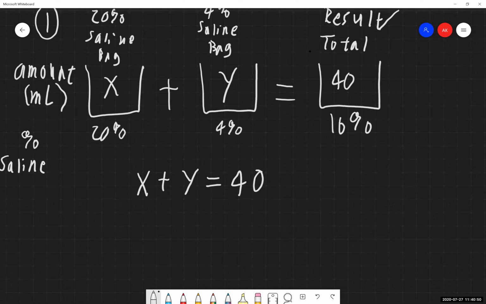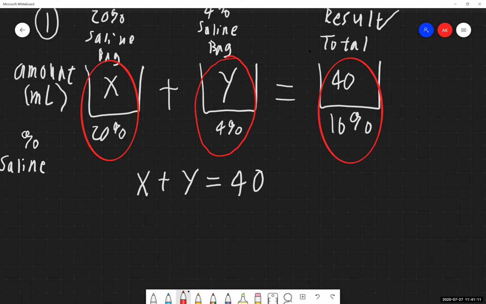So we have a slight difference here. Now we want, of our 40 milliliters total, 16% of that to be saline. So we need to determine if I mixed this concentration plus this concentration, I should get this as my concentration.